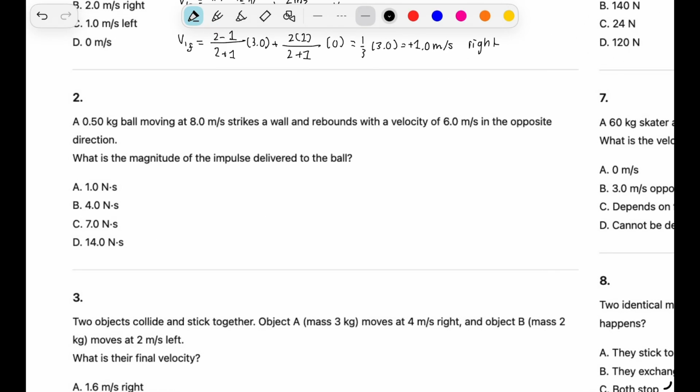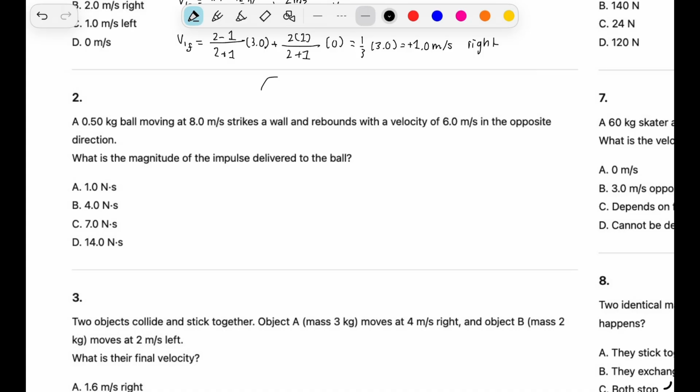A 0.5 kilogram ball is moving at 8 meters per second and strikes a wall and rebounds with a velocity of 6 meters per second in the opposite direction. What is the magnitude of impulse delivered to the ball?